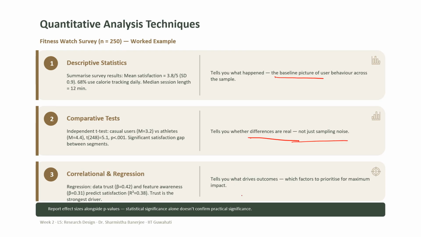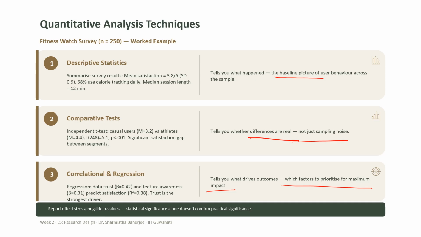Correlation and regression analysis. In regression, the main aim is to understand which factors to prioritize for maximum impact. So let's say the regression data says that data trust beta is 0.42 and feature awareness beta is 0.31.